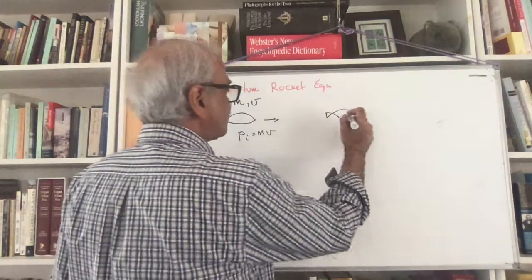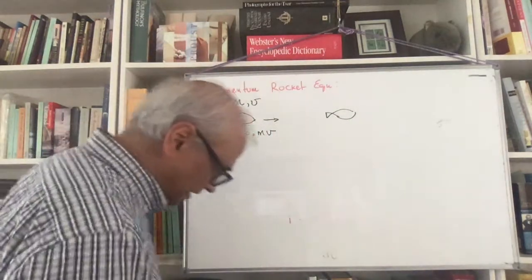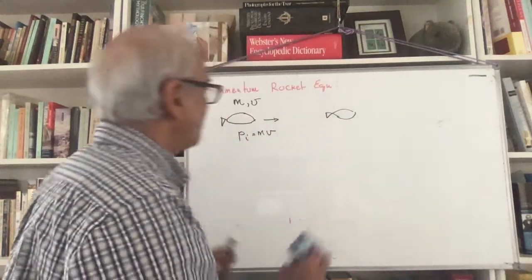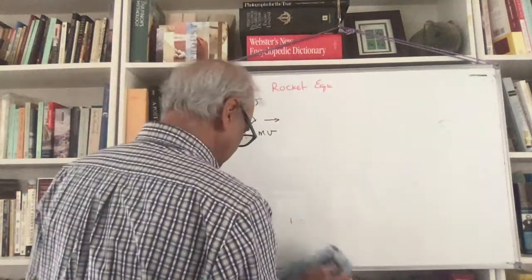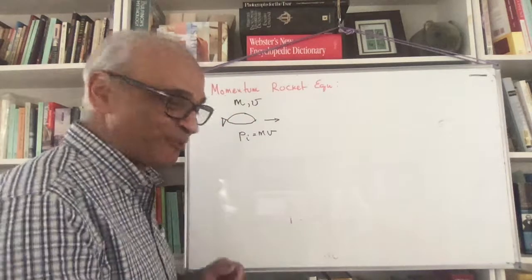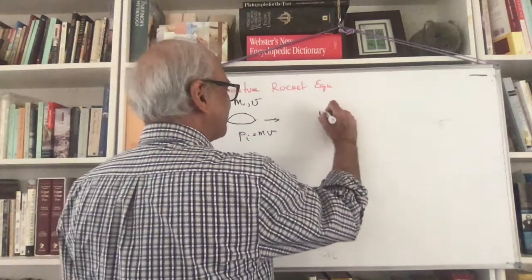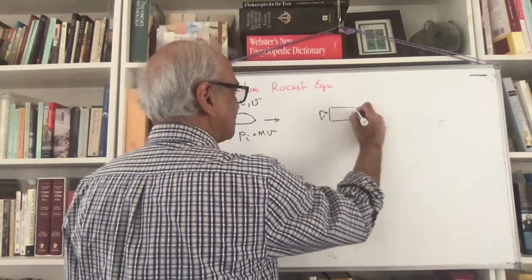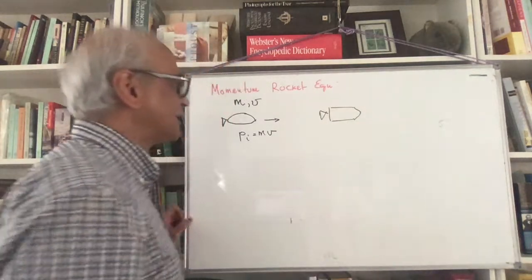So we can think of, let me just erase this a little bit. It looks more and more like a fish, but I should be more diligent about it and maybe make it look like a rocket, okay? Something like that.